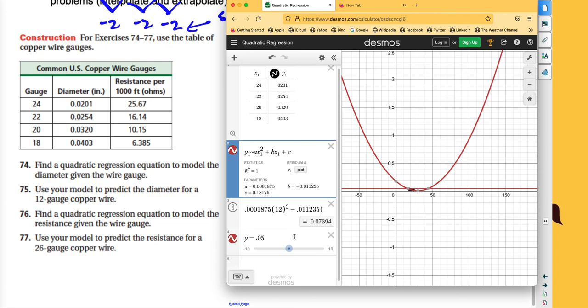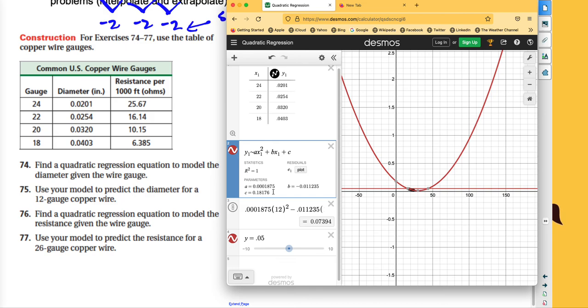So for 74, the answer is going to be the r squared, right? No, a quadratic regression would be 0.0001875x squared minus 0.011235x plus 0.18176. That would be the quadratic regression. If it asks you for a correlation coefficient or an r squared value, it'll say that.